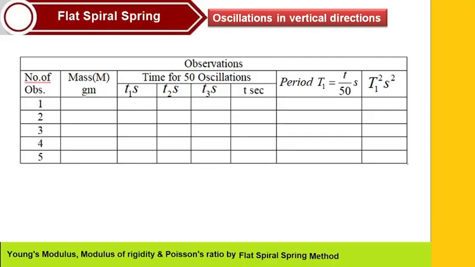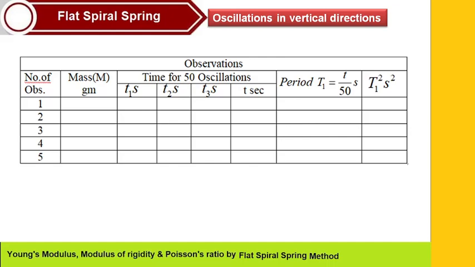Mass in gram, number of observations 1, 2, 3, 4, 5: 100 gram, 200 gram, 300 gram, 400 gram, 500 gram, like this. If we are taking 100 gram into consideration, give the oscillations vertically. For 50 oscillations, what time is taken?